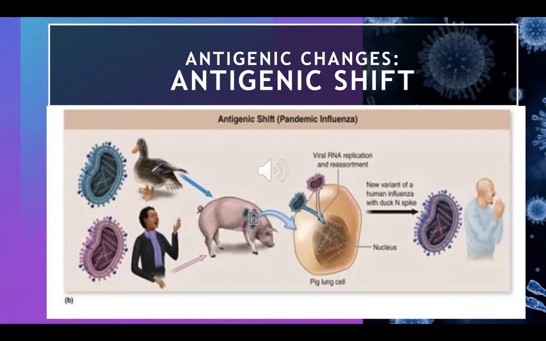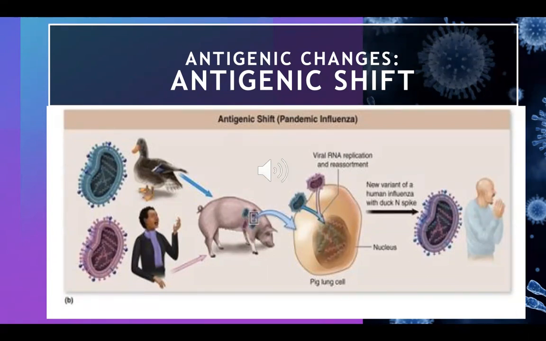Flu virus pa rin, pero it's another version. Kasi magkaiba yung HA and NA ni human at saka yung HA and NA ni pig. Ganun din naman if the strain came from a different species, say an aquatic bird or a duck.